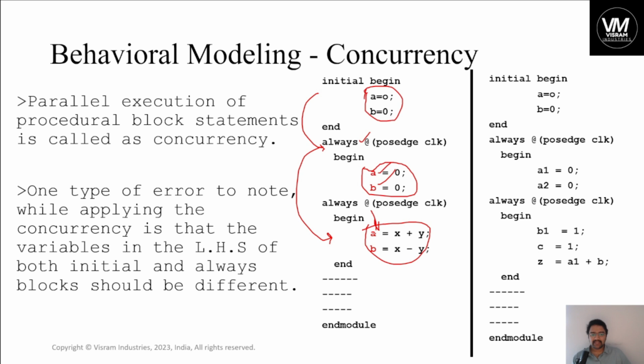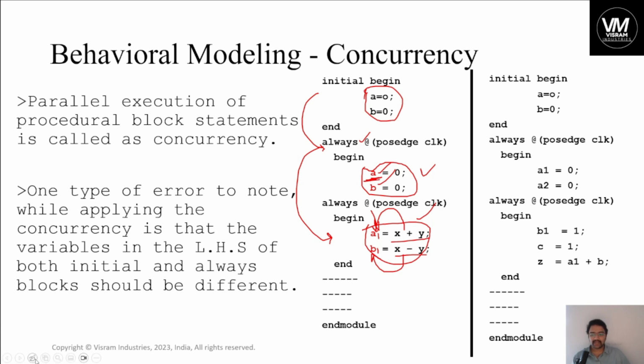Earlier it said a is equal to 0, b is equal to 0, but now it says a is equal to x plus y and b is equal to x minus y. So does it consider this or this? It will be confused. If you name them a1 and b1, the problem is solved, because the results of x plus y and x minus y can be stored in different variables, not the same variables.